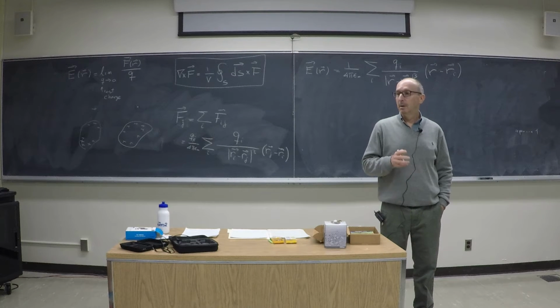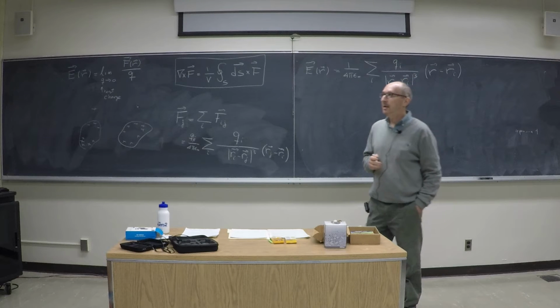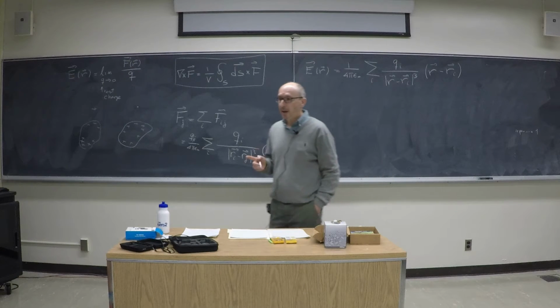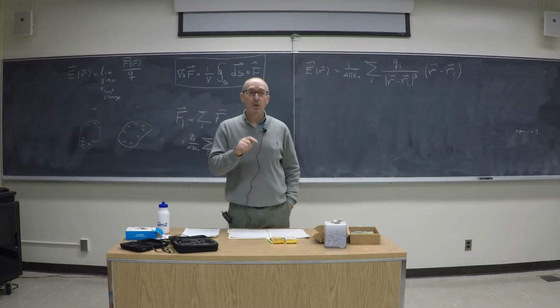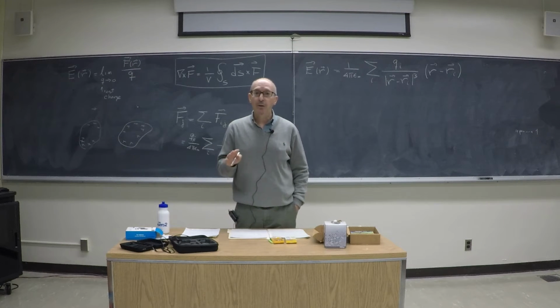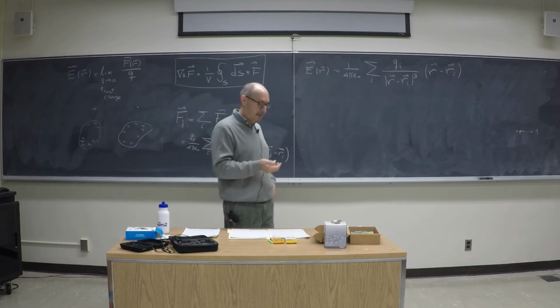Okay? So the test charge is always going to be R, always, like here. But the sources are going to be either R sub i in the discrete case or R prime in the continuum. If we stick to that notation, then things will be easier later.